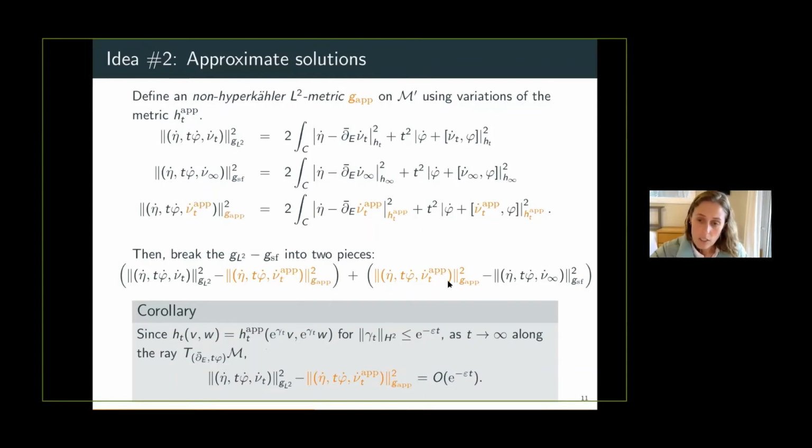And so really, like I said, the problem is always localizing around this divisor where your eigenvalues are crossing. And so the last thing is to deal with G approximate minus G semi-flat.